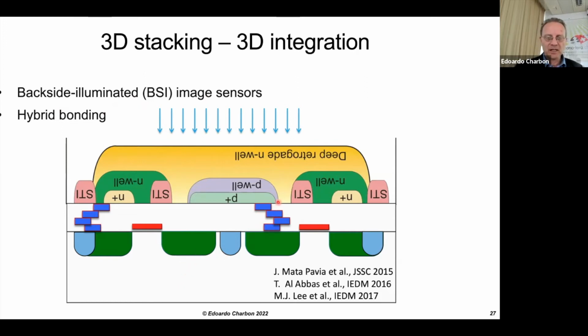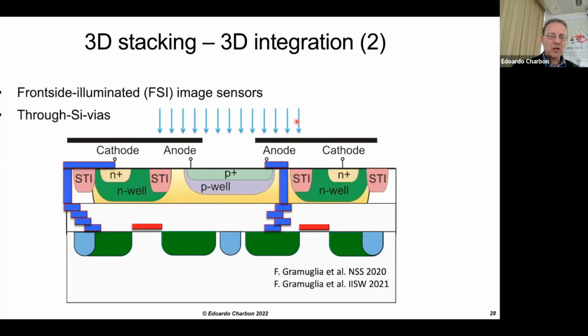Then after the hybrid bonding, you perform a thinning in such a way that light can actually go through without particular impediments. You can also do the same with front-side illuminated detectors, as you've seen earlier, where in this case you need a through silicon via, that is essentially a metallized hole that goes through the detector itself and connects it to the back, to the next chip.